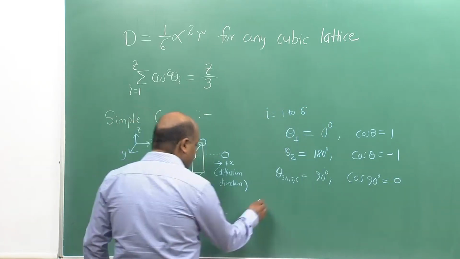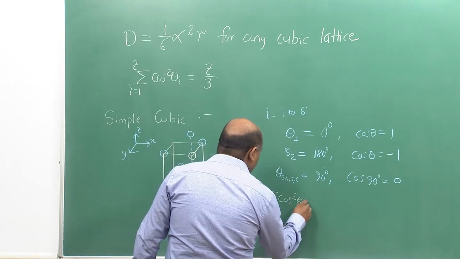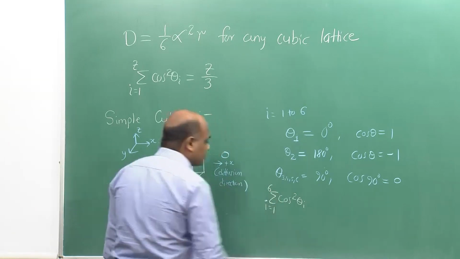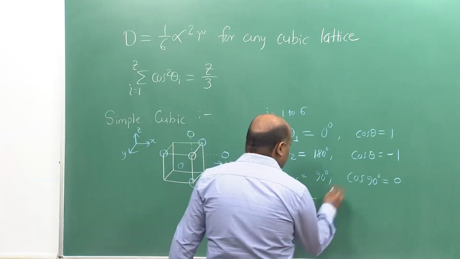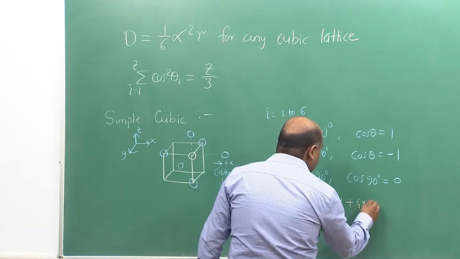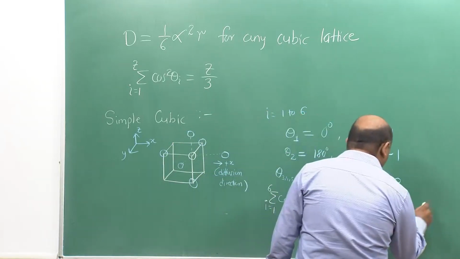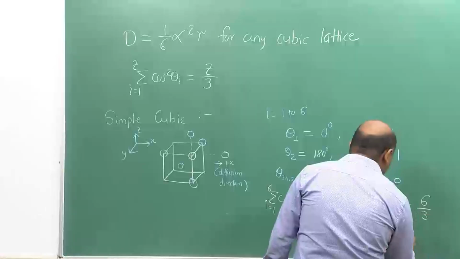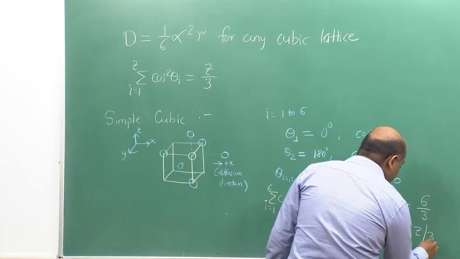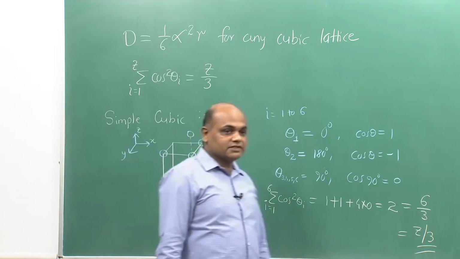If we take summation cos square theta I, with I from 1 to 6 for the cubic lattice, we will have 1 plus 1 plus 4 times 0, which is 2, or it is 6 by 3, and 6 is the coordination number for the simple cubic lattice. So, sigma cos square theta I is z by 3.